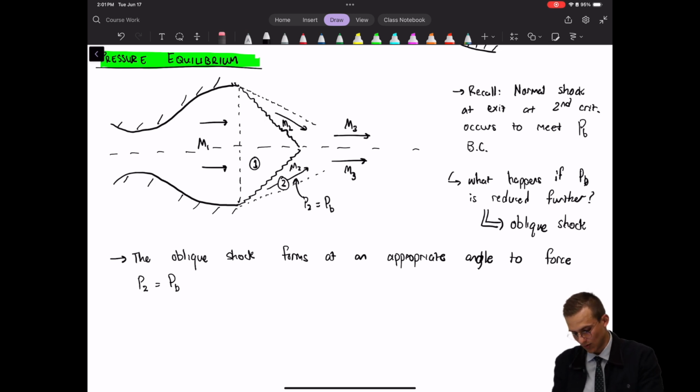And then the question is, okay, what kind of structure is going to give rise to this change in direction, right? Well, it's actually just another oblique shock. It just looks like this guy here.